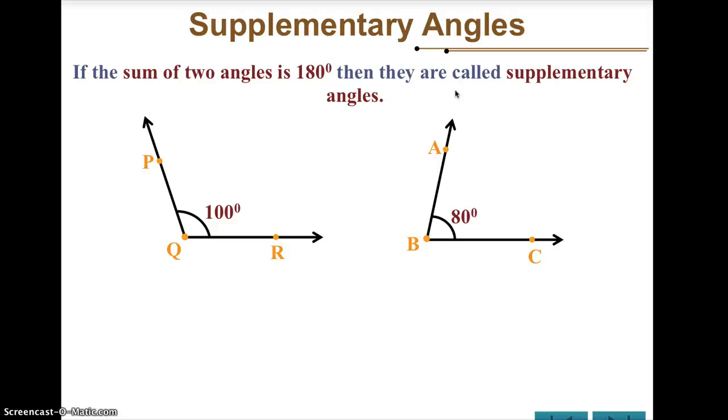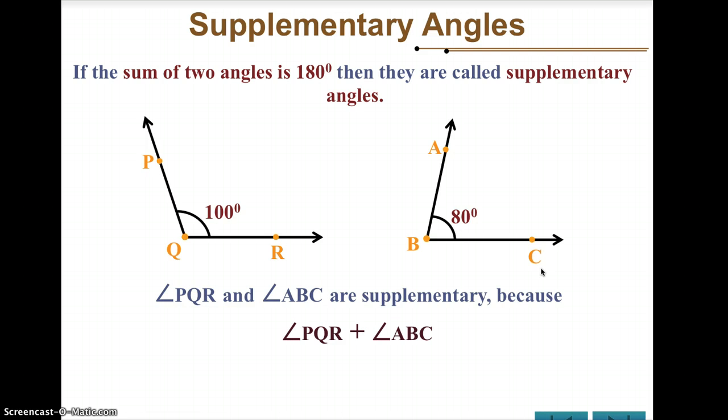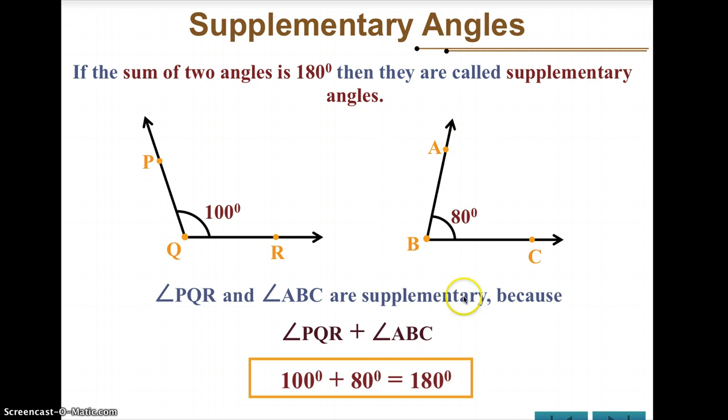So angle PQR and angle ABC, what do you think? Are they supplementary? Yes, they are. I hope that you thought of the correct answer. When we add angle PQR and angle ABC, we get 180 degrees, so they are supplementary.